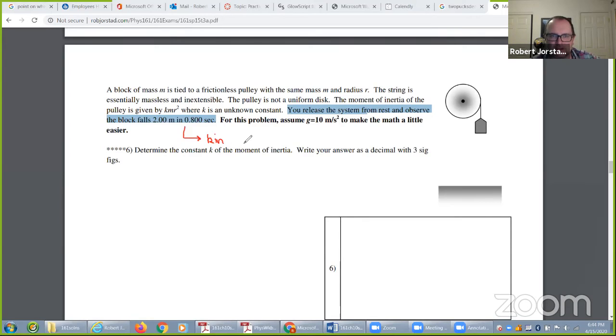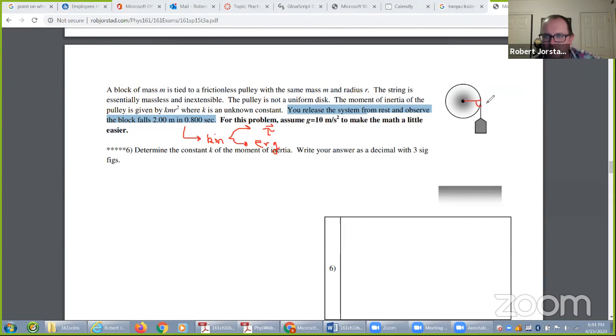And then you could either use energy or torque. I think I probably would go with torque. The reason I would go with torque on this one is it's such a simple torque problem, right? Here, well, I don't know. Maybe I better be careful here.